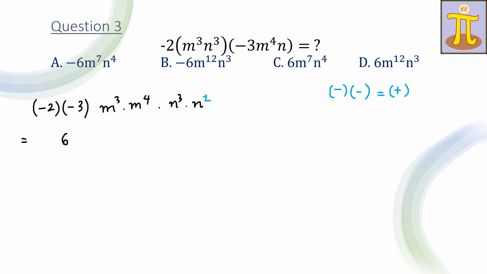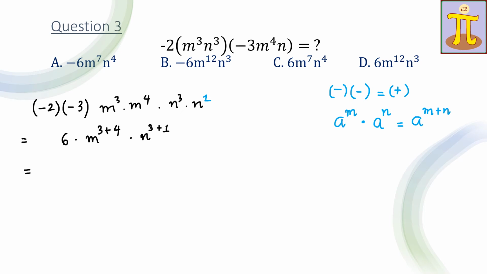Also, if we have a to the power of m times a to the power of n, that will be equal to a to the power of m plus n. Applying this, we have m to the power of 3 plus 4 multiplied by n to the power of 3 plus 1.